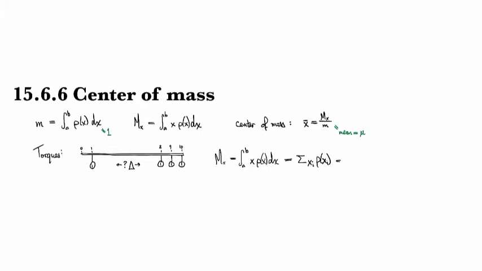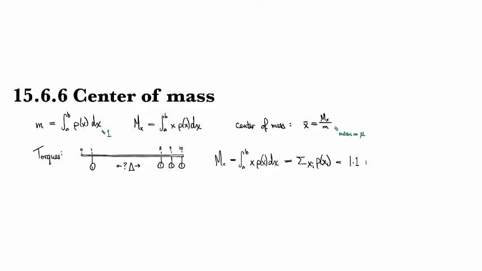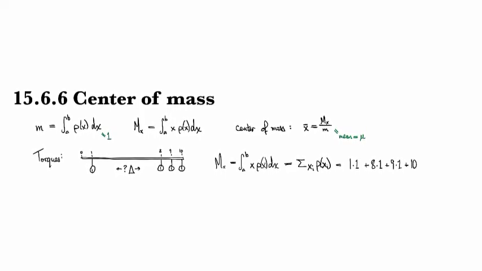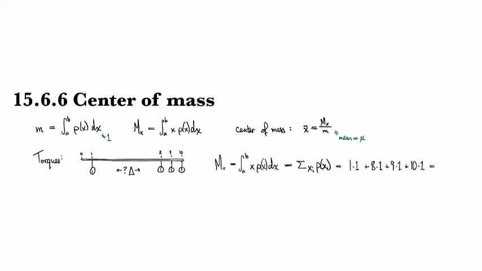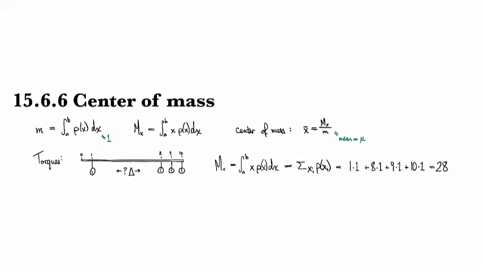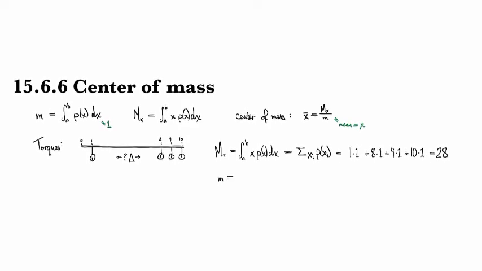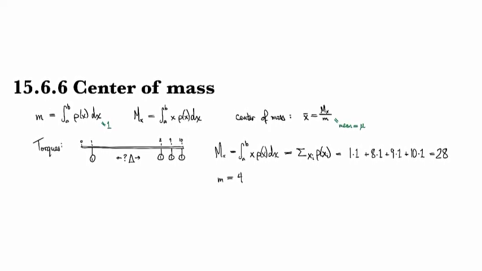So we've got one at 1 and it weighs 1, and one at 8 and it weighs 1, and one at 9 and it weighs 1, and one at 10 and it weighs 1, and we add this all up and we get 28, and the total mass is clearly equal to 4.